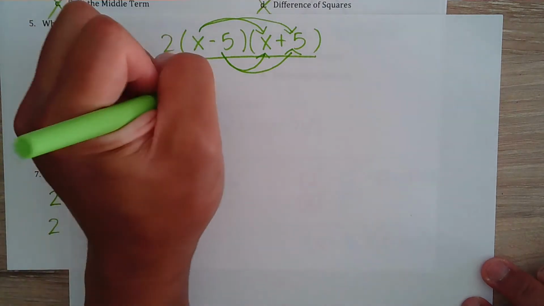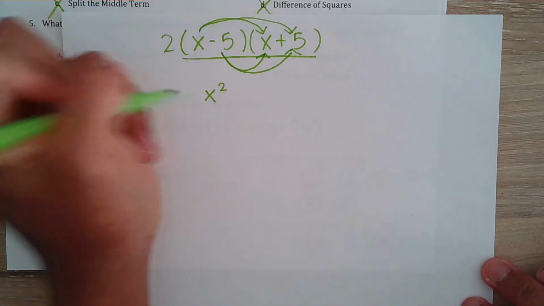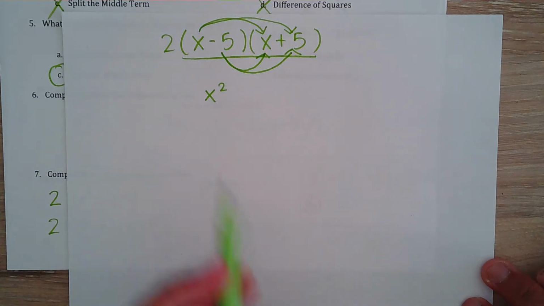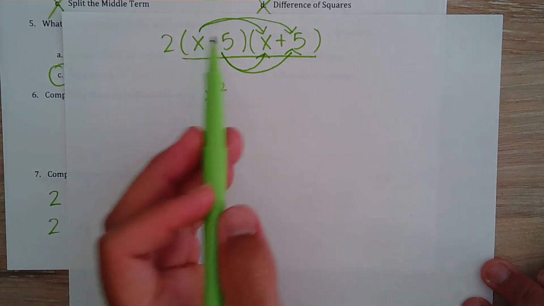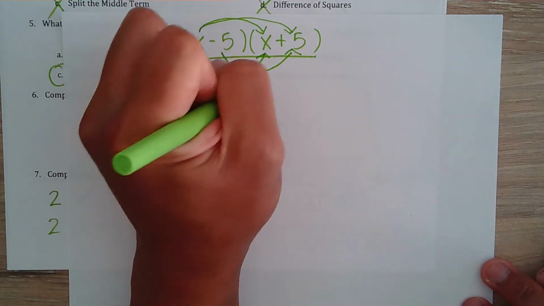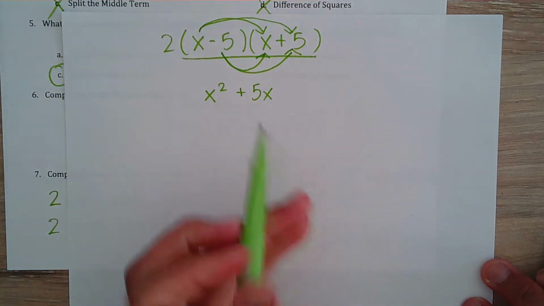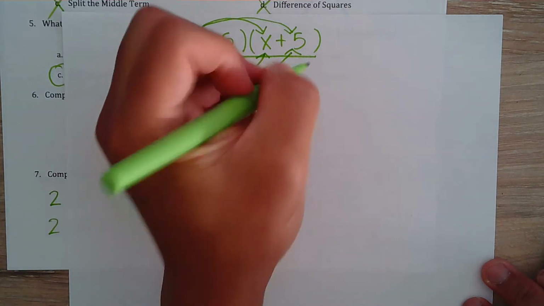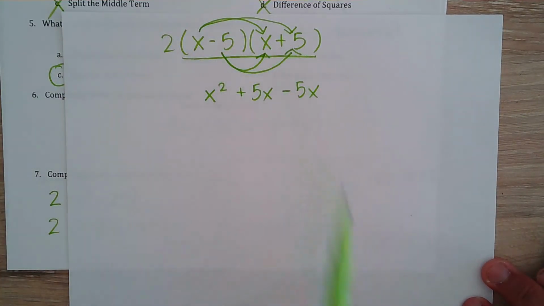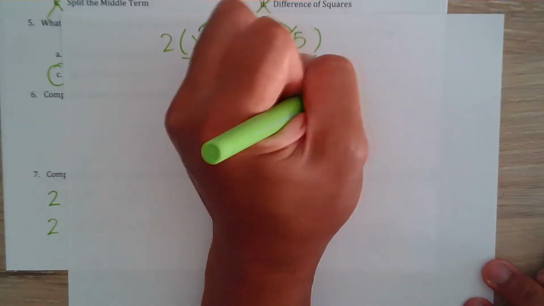x times x gives us x squared. Negative 5 times x, or sorry, I don't want to go out of order just to not confuse you guys. x times 5 gives us plus 5x. Negative 5 times x is negative 5x. And then negative 5 times 5 is negative 25.